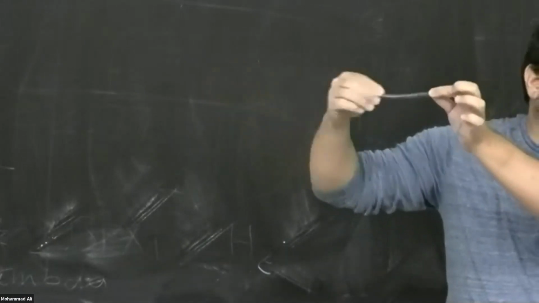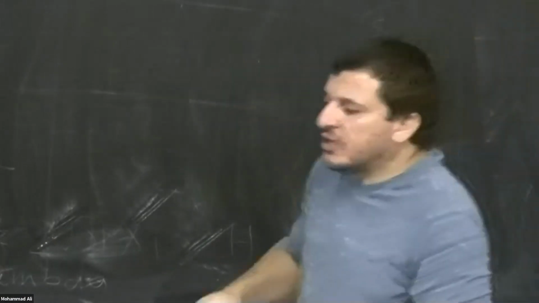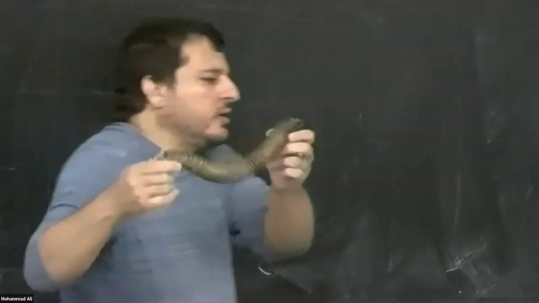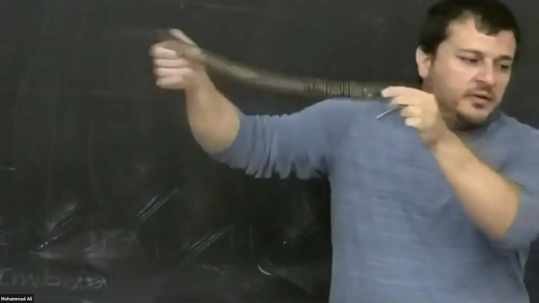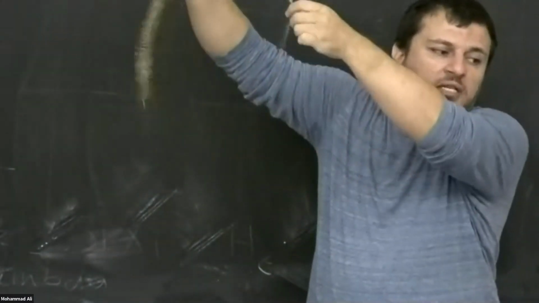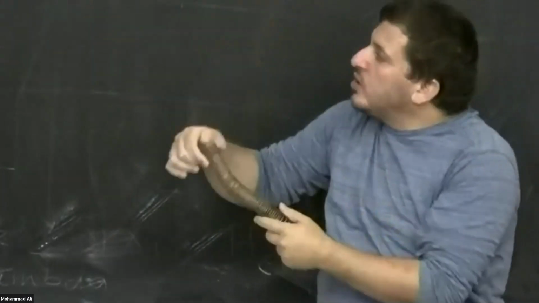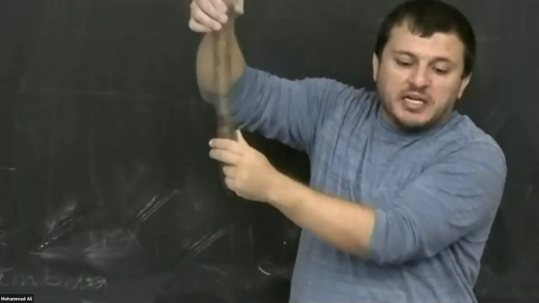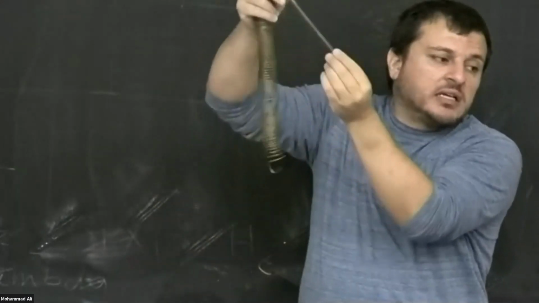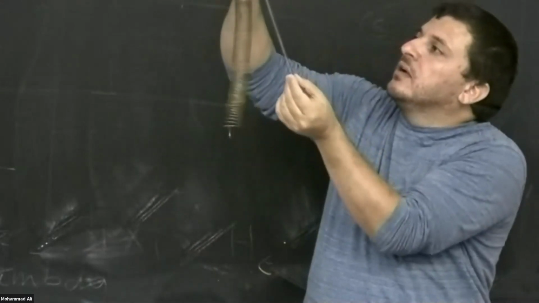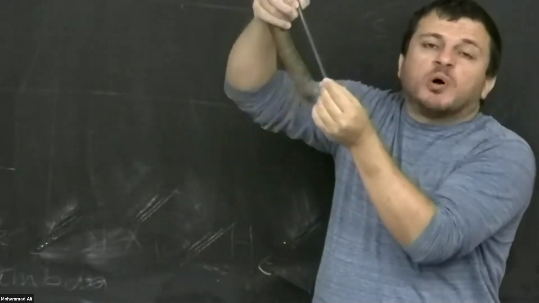I have this spring. It has a constant k. I have also this spring. Both of them are springs, but k, the constant for this big spring, is different than the spring constant for the small one.